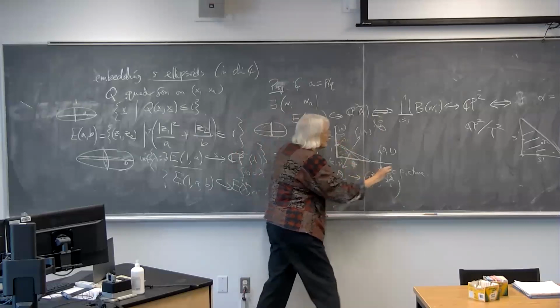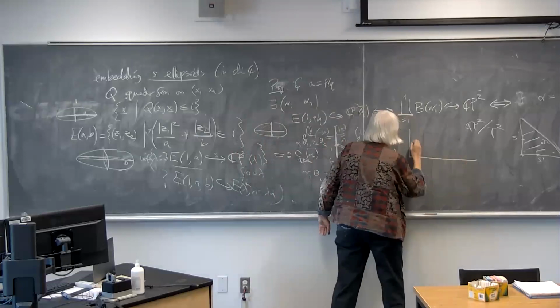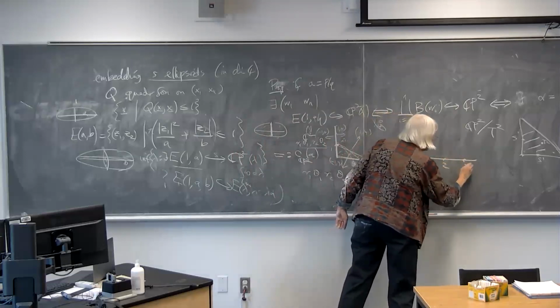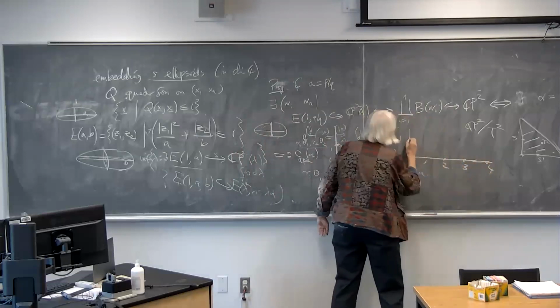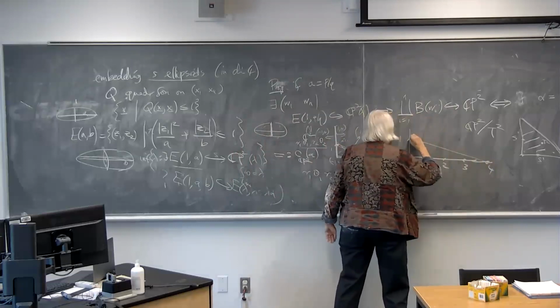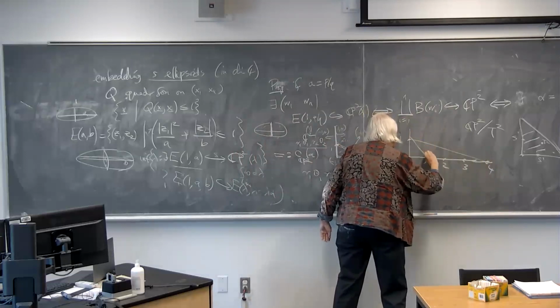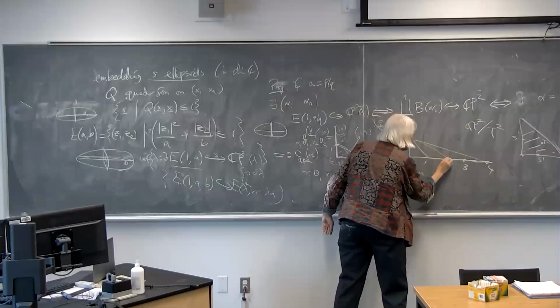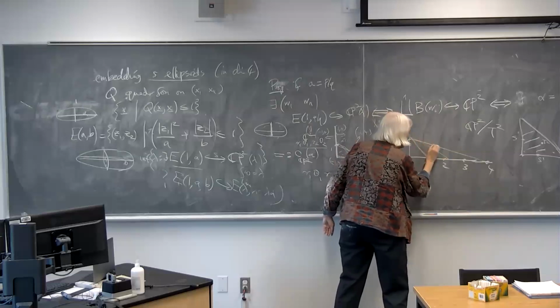Actually, I've done a very bad picture. So let's do this: 1, 1, 2, 3, 4. That's our singular point. So we blow up slightly bigger than 1, then slightly bigger than 2, then slightly bigger than 3.